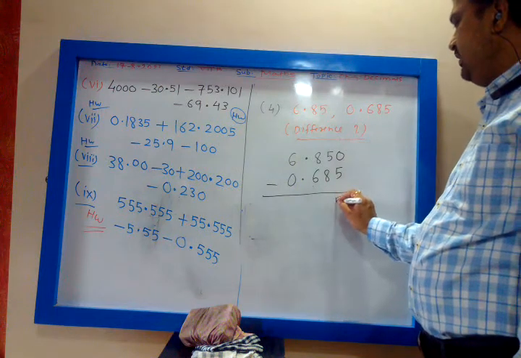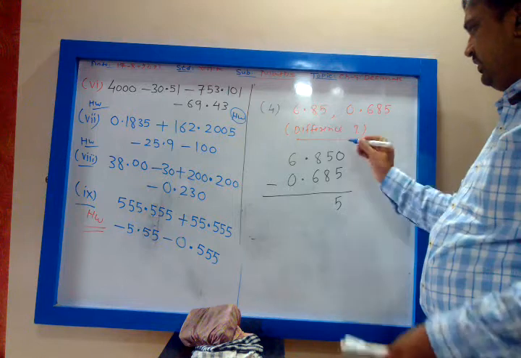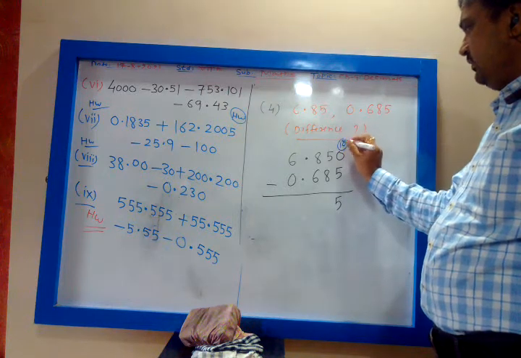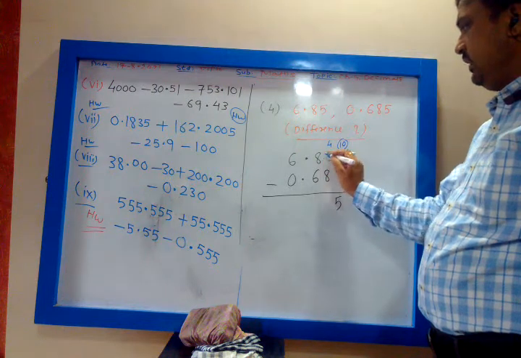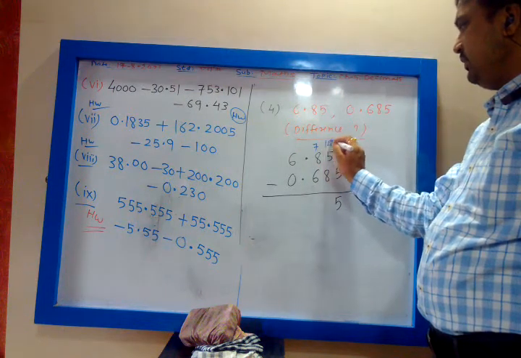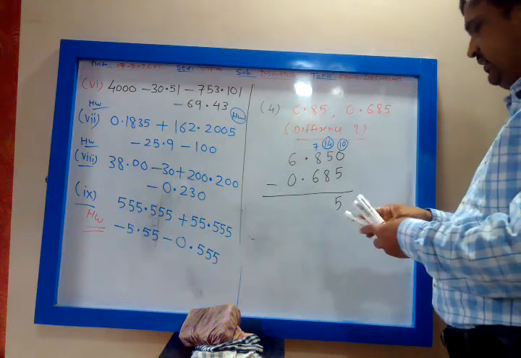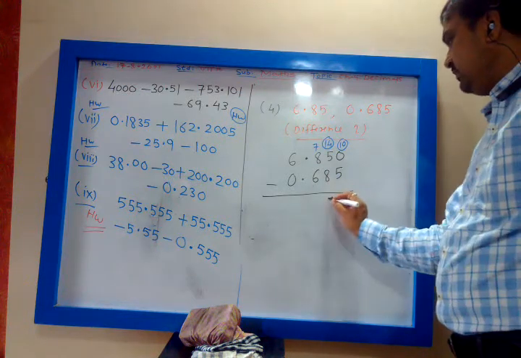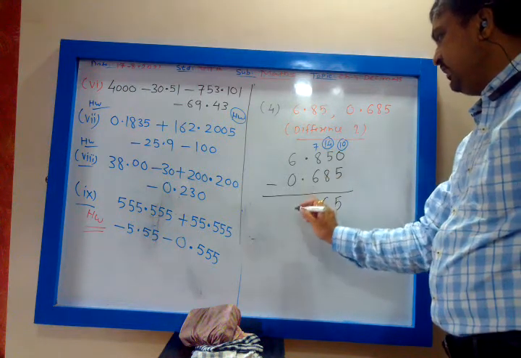10 minus 5 is 5. This 0 will become 10, 5 will become 4. But this is 8, so 8 will become 7, 4 will become 14. 14 minus 8 is 6. 7 minus 6 is 1. Then 6 minus 0 is 6.